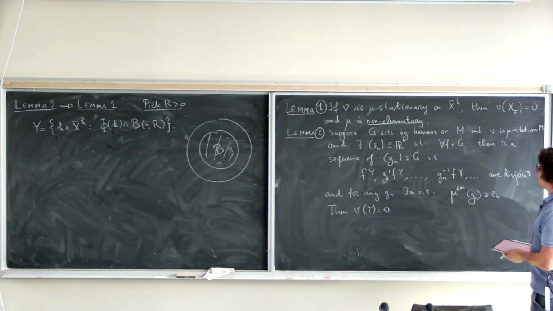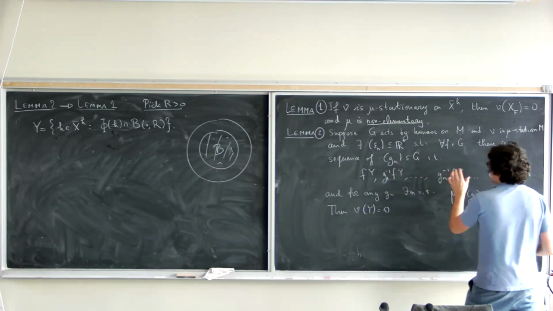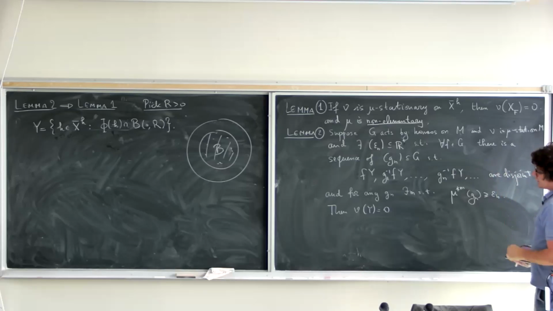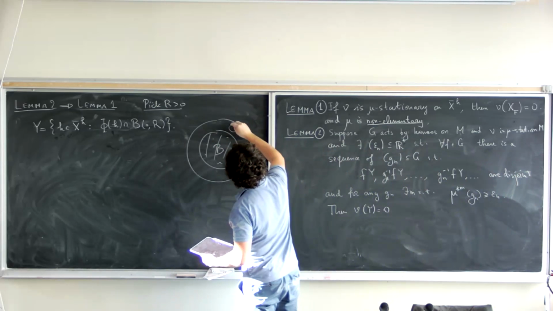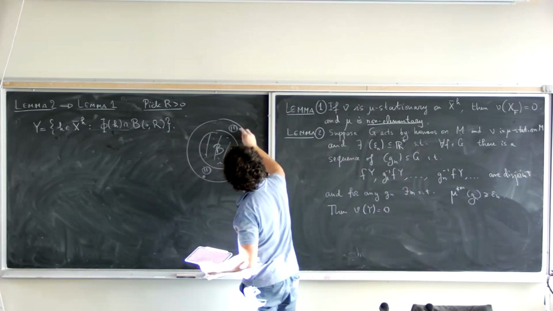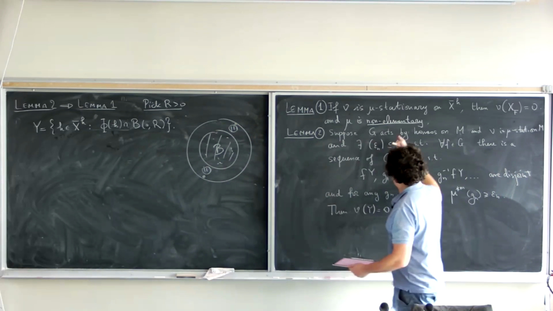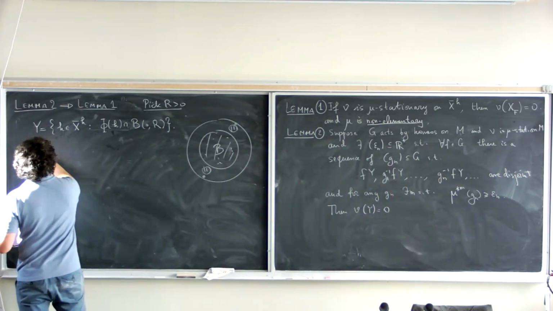So basically, what do we want? We want that these translates are disjoint, and we use a loxodromic element to produce them. The idea is we use a loxodromic element to move the ball off of itself, and to produce these guys. So we pick another f. It doesn't matter.